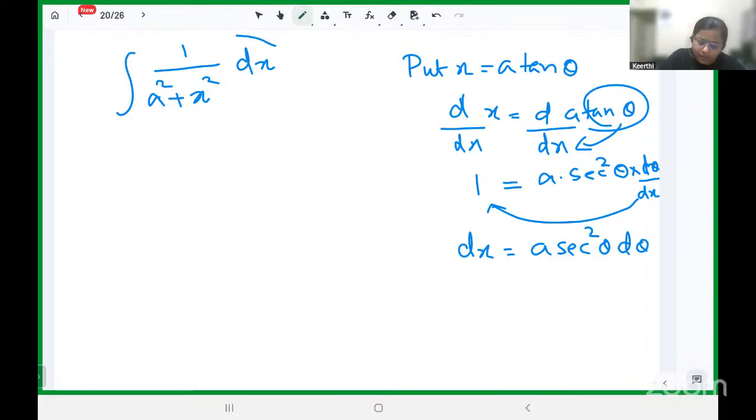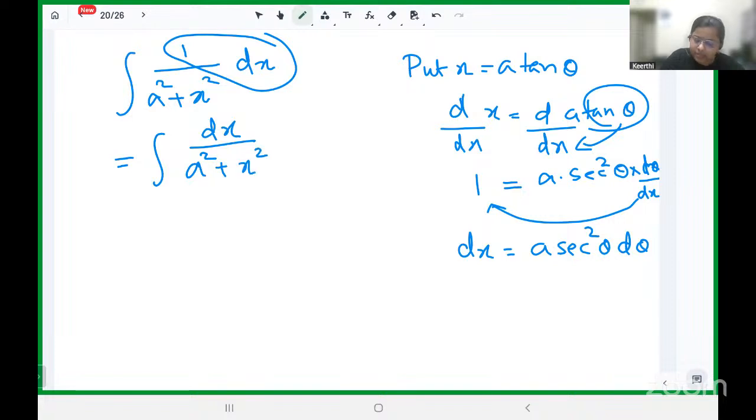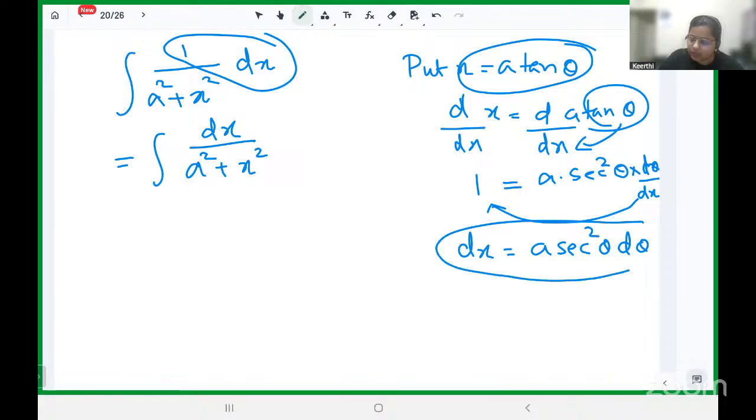Now we can write 1 into dx as dx itself. So this can be written as the integral of dx by a square plus x square. Here I have made the substitution x is a tan theta, and we have got dx is equal to a sec square theta d theta.